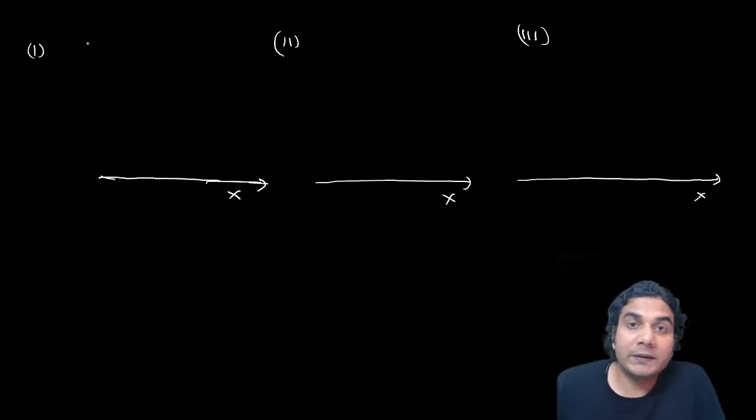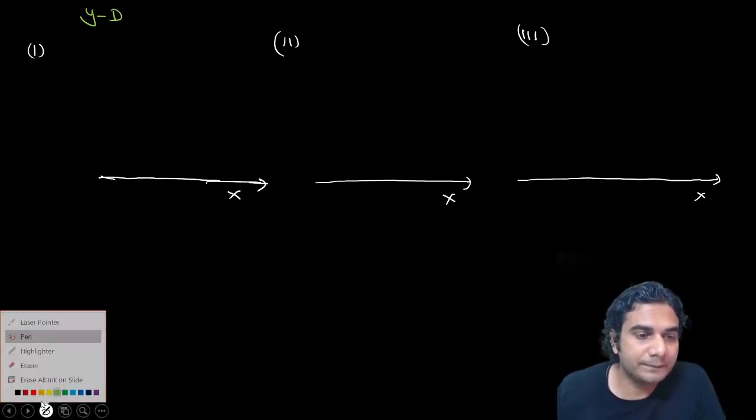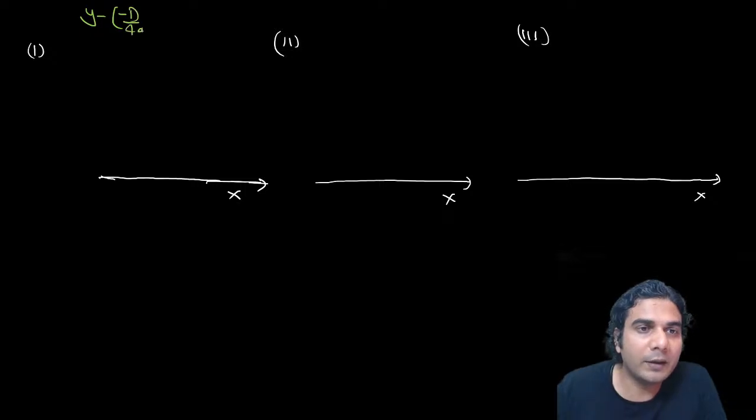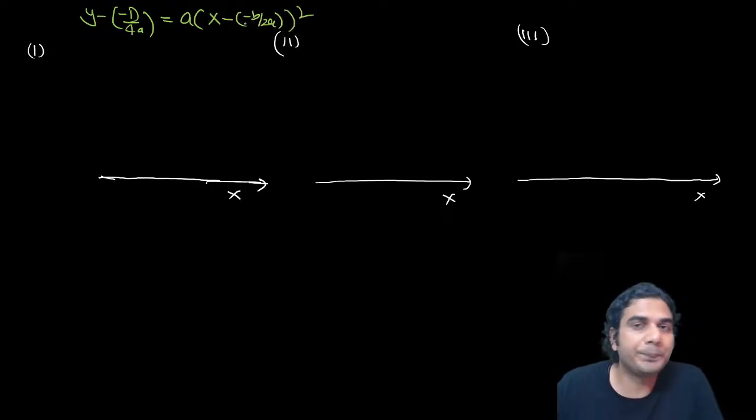So in first case, let me write the equation first of all. So equation is y minus d by 4a is equal to a times of x minus b by 2a the whole square, all right.